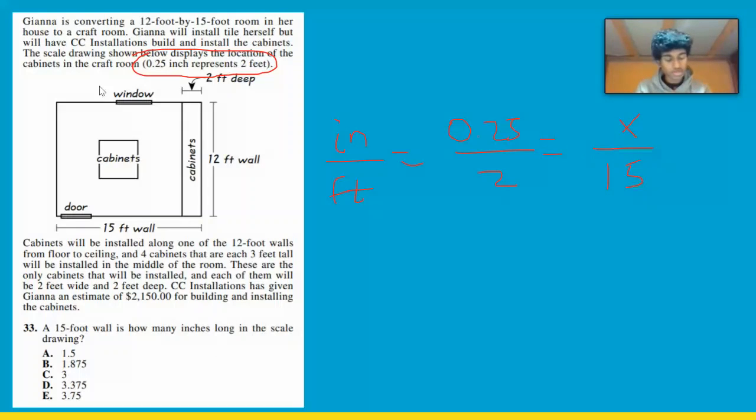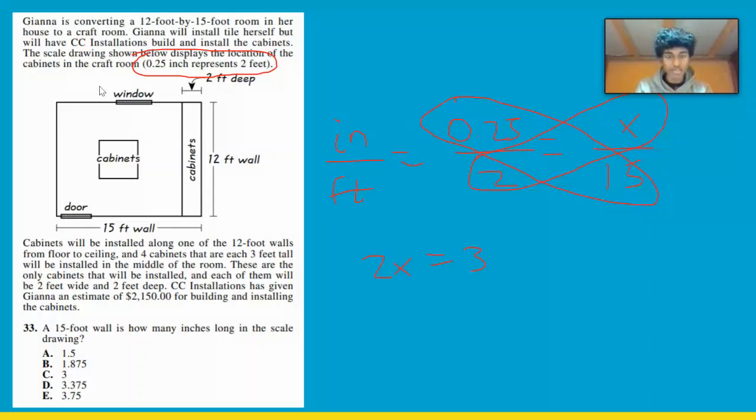And to solve this, we can do what we did last time by finding the common factor between the ratios, but instead I'm going to cross multiply because that would be easier for this problem. So just cross multiply like that. So 2 times x is 2x, and this is equal to 0.25 times 15, which is 3.75.